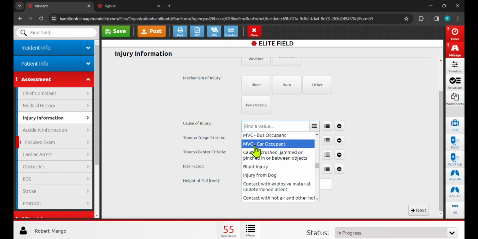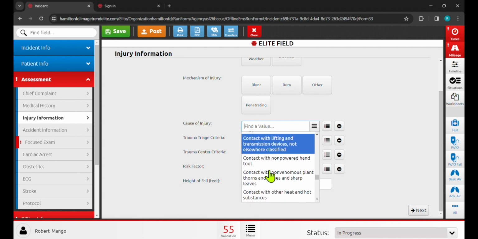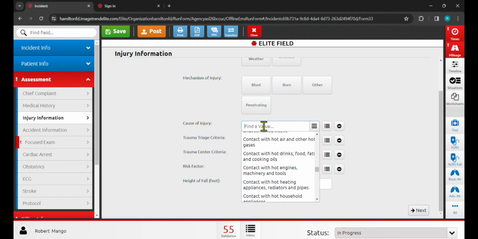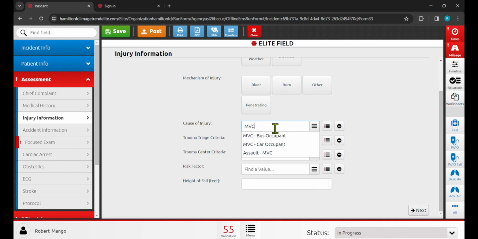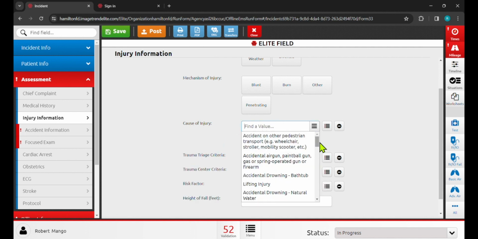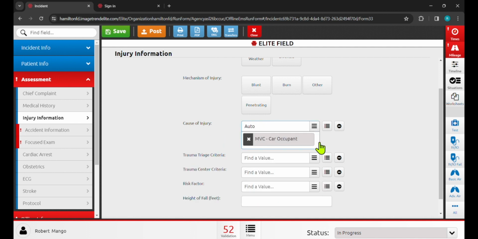So you can type things. So let's take this MVC car occupant. We're scrolling through here. It's been a long night. I just can't find what I'm looking for. You can come here and type MVC. Well, there's everything with MVC, car occupant. Or we can say, let's look at auto.